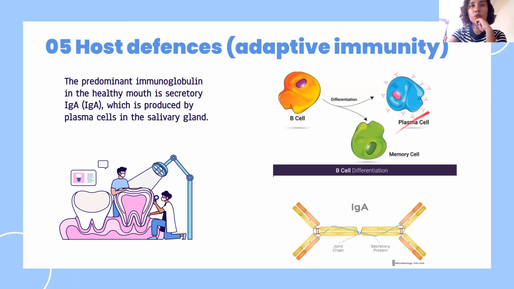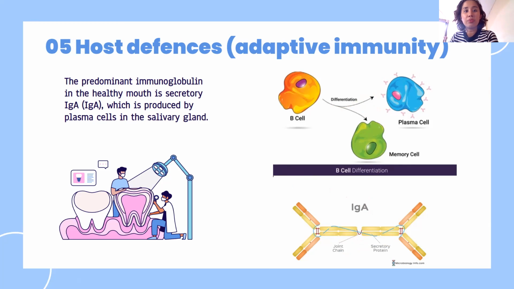Host defenses. So the main antibodies that are found in your oral area is your IgA. So ang IgA, nahanap yun sa secretions, sa laway, sa luha, guys. So IgA are produced by your plasma cells, okay? So your plasma cells are differentiated or cloned, kumbaga, activated B cell.